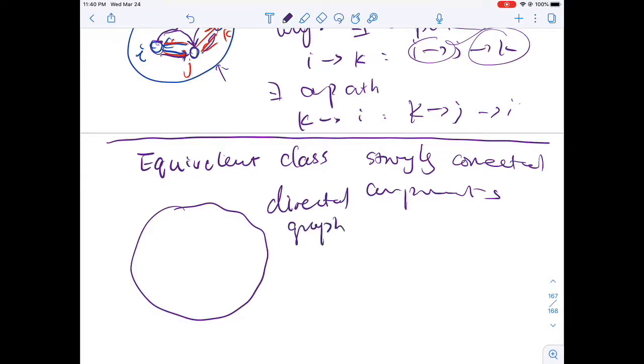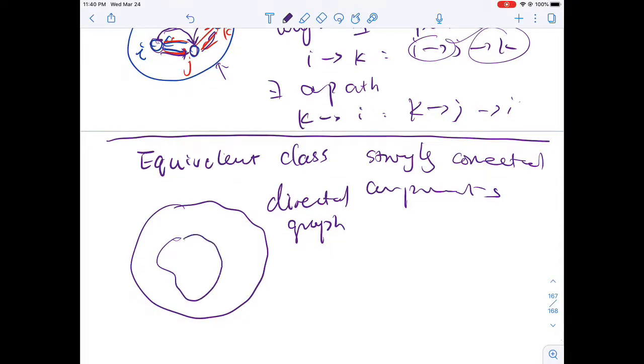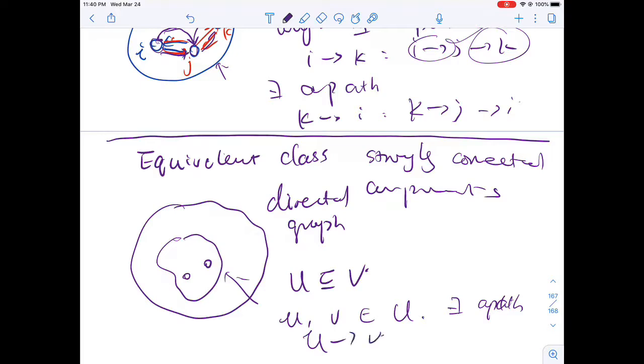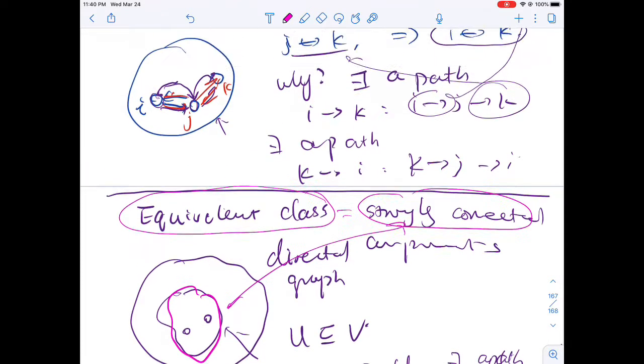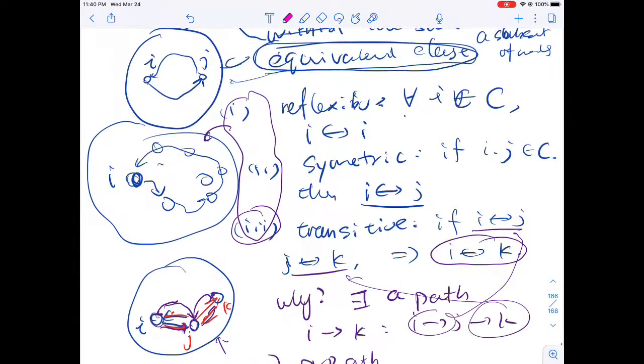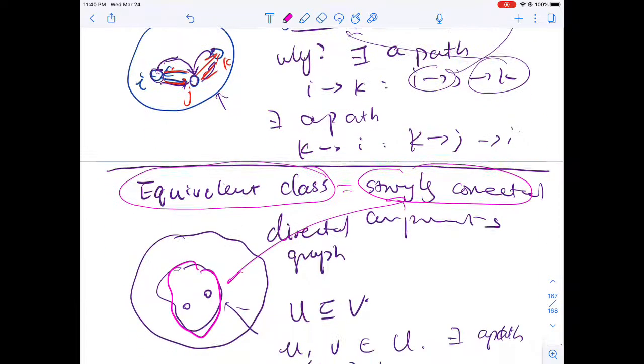Let's recall what a strongly connected component is. A component U is a subset of vertices such that for any nodes u and v in U, there's a path moving from u to v. Then we call this whole component a strongly connected component. So we can see that any strongly connected component also forms an equivalent class, because if you check all these three conditions, they hold.